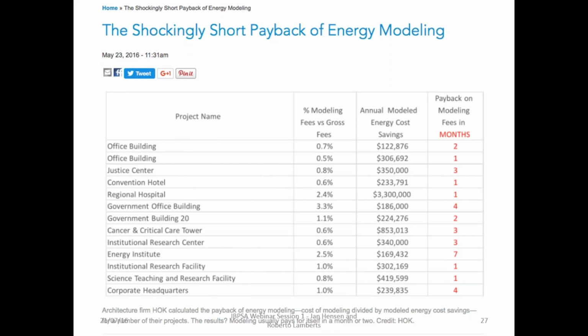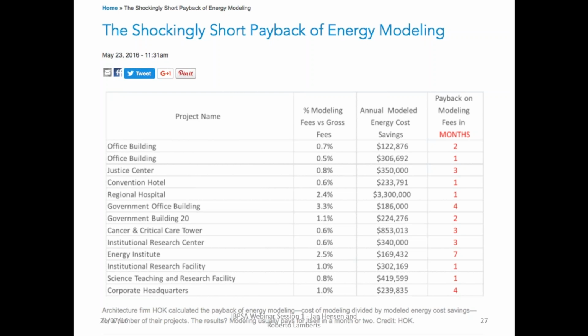Some people sometimes ask, what is the cost of simulation and does it pay back? And here you see a small table developed by an architecture firm. They were looking at the cost of the modeling as an extra service in that architectural firm, and the annual modeled energy cost.